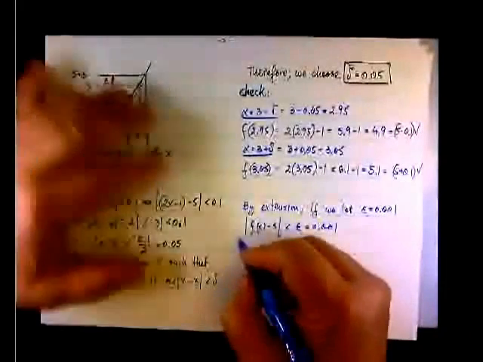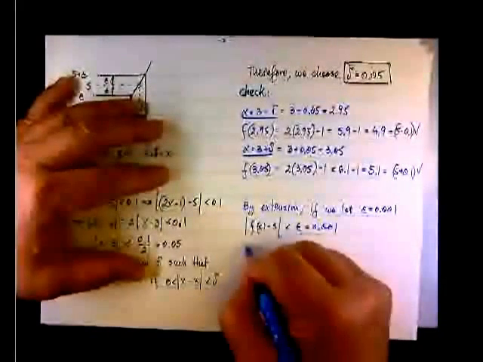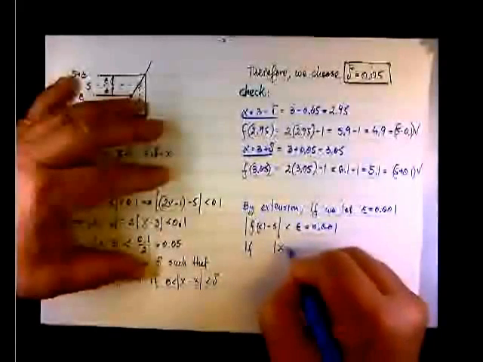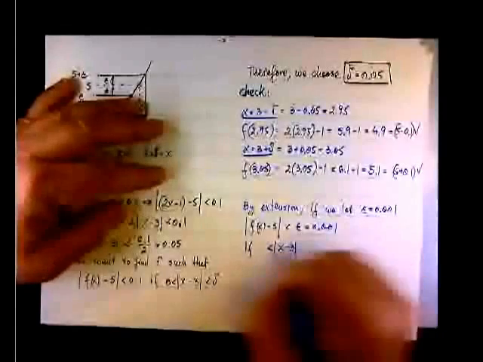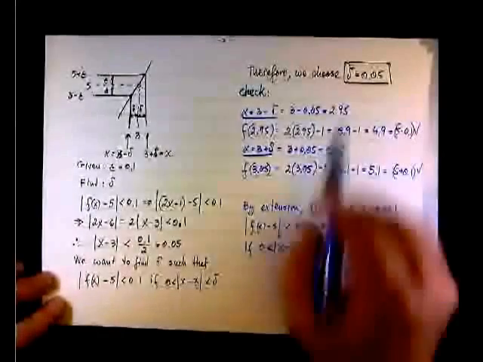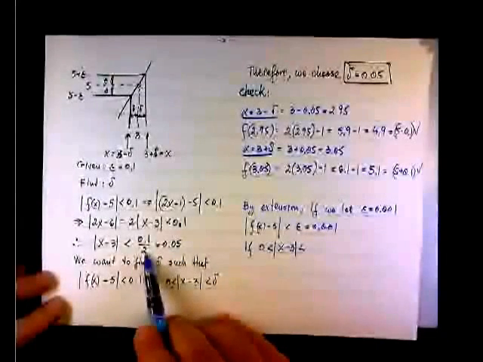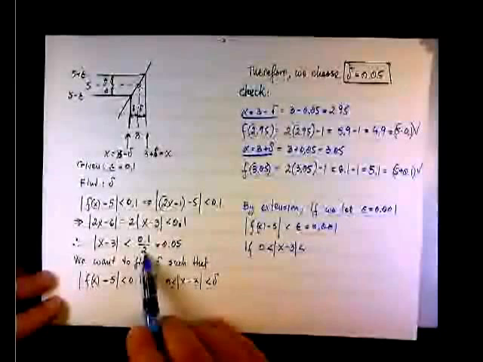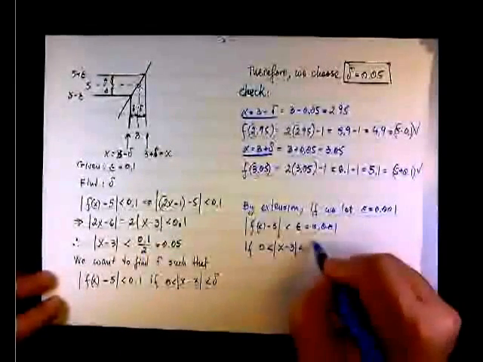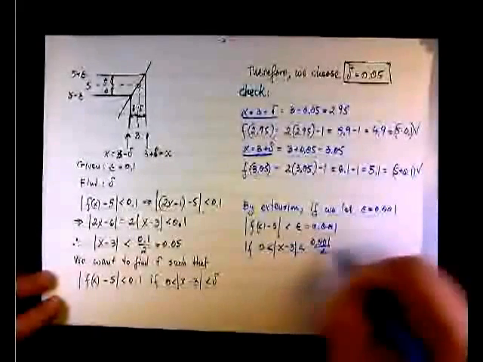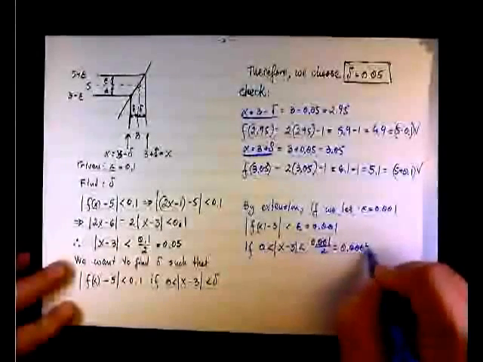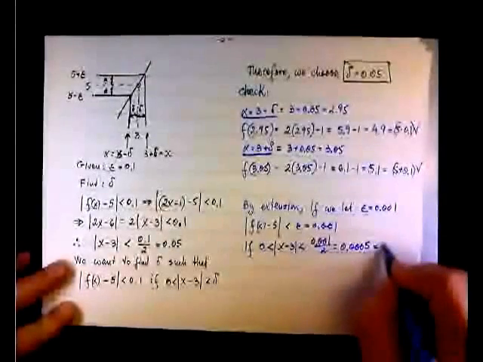Okay? So we're going to say that if x minus 3 is greater than 0, less than, remember here we had x minus 3 is less than 0.1 over 2, right, after this manipulation. What happened is we replace 0.1 with 0.001, so we'll take 0.001 divided by 2, and this will be 0.0005. Right? So this will be our new delta.